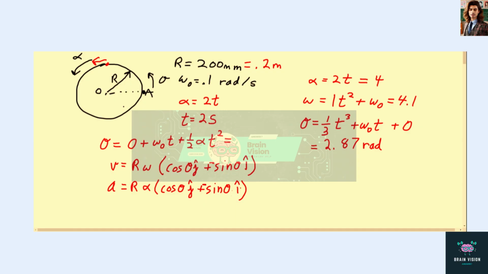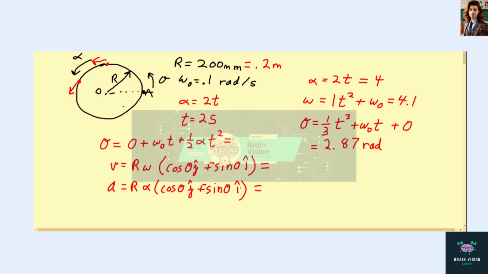And once we put those numbers in, we get that 2.87 radians, which is a little bit less than half a full rotation. So that'll be over here on the left. So what we should expect then is the velocity and the acceleration in both the x and the y directions to be negative here.